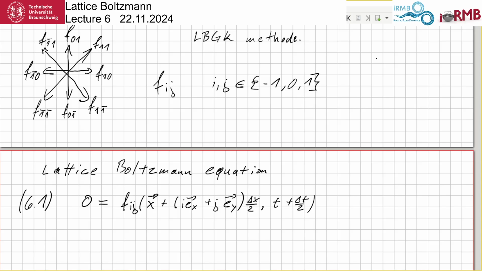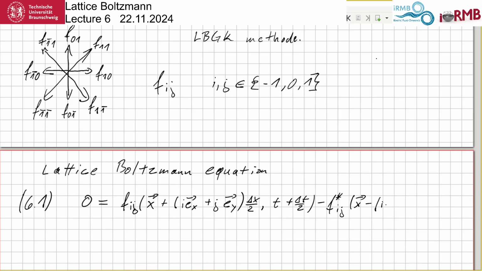But never mind. So the pre-collision state is equal to a post-collision state from the previous time step, obviously, but I want everything on the same side, so I take here minus f post-collision ij, and now this is the previous time step. Because we went half a time step, it will now be half a time step back.